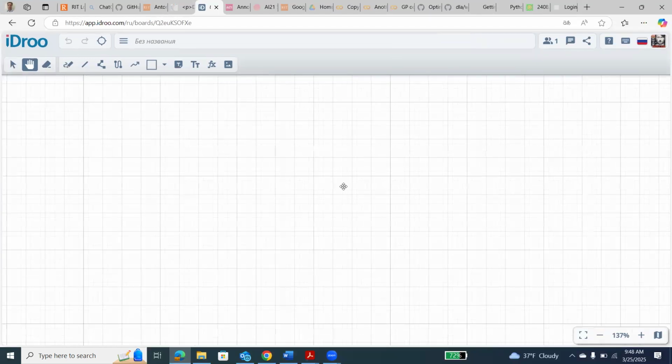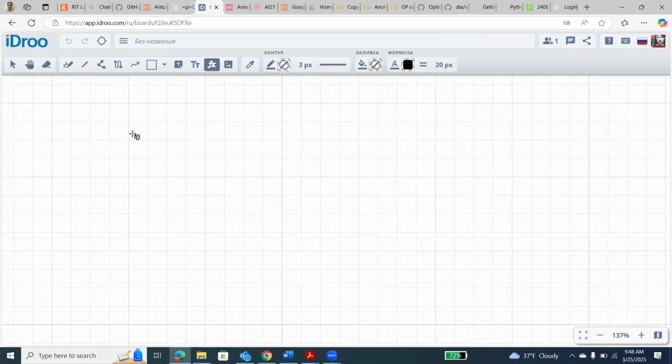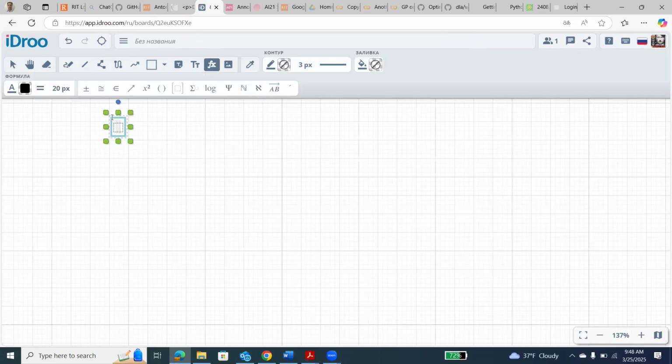So let's say we have some input features x, x1, x2, and so on, xd. So this is our vector of features. And we have some target y, and we want to build an approximation of our target.